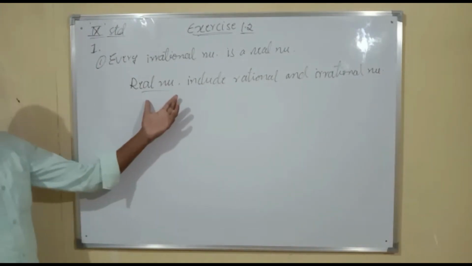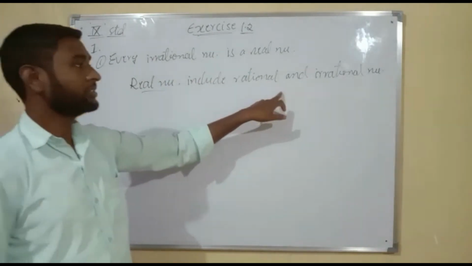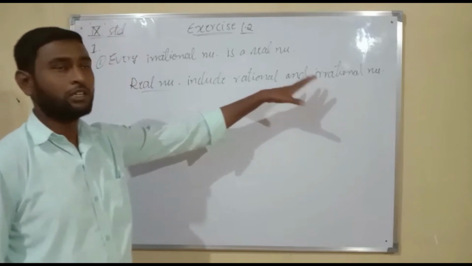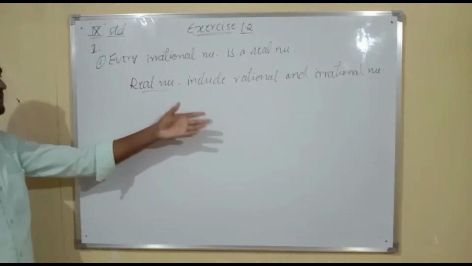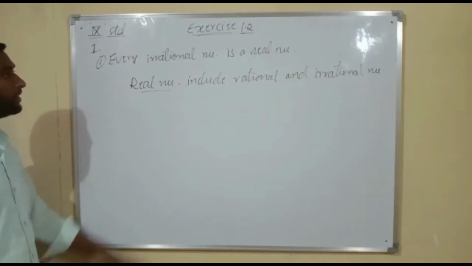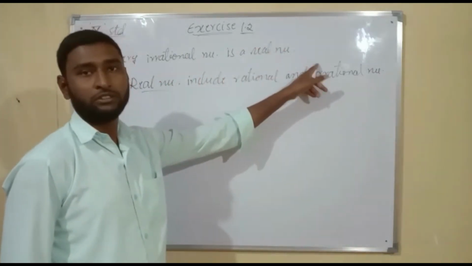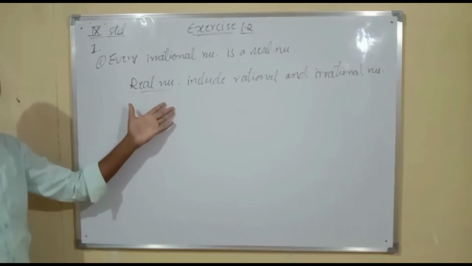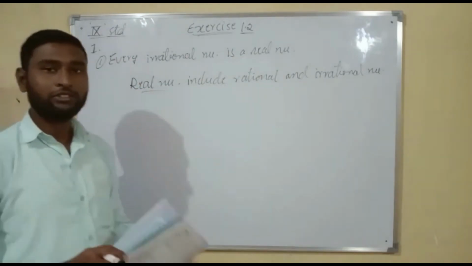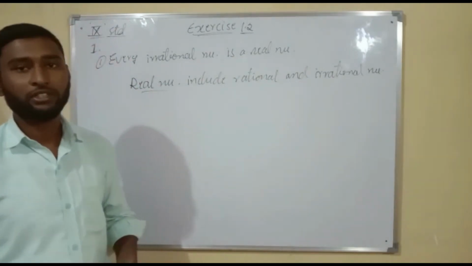Real numbers means including the rational as well as the irrational numbers. We call that set of numbers the real numbers. So look at the statement, every irrational number is a real number. Real numbers are nothing but a group of rational as well as irrational numbers.